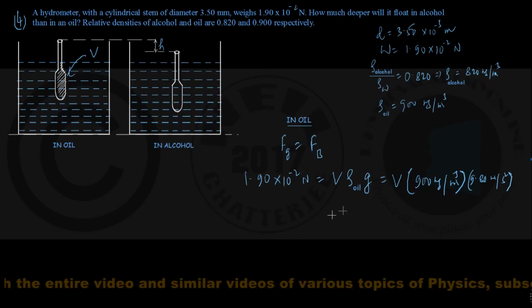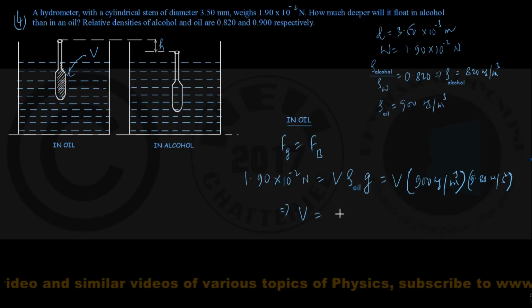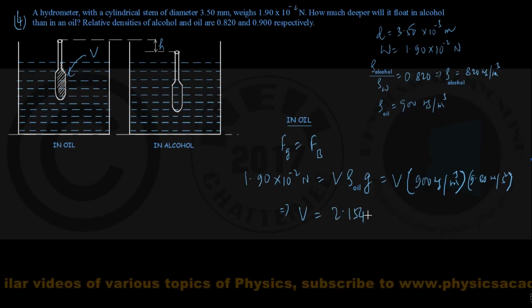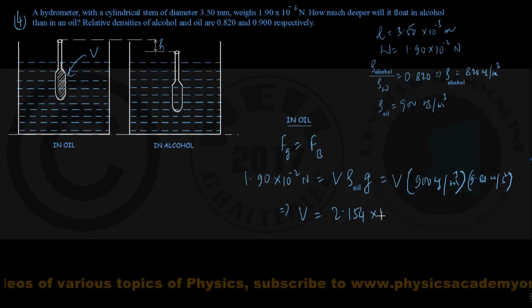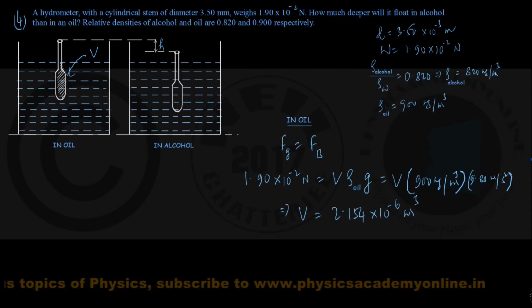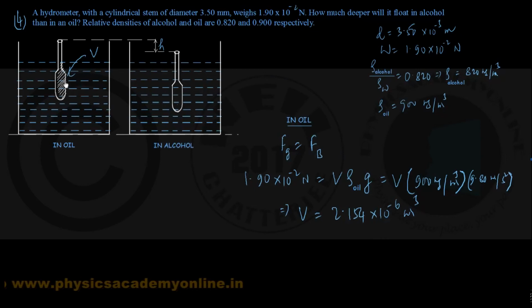Complete the calculation and show that capital V I am getting in 4 significant figures is 2.154 × 10^-6 meter cube. I write one significant figure more than the data given to avoid any rounding error. So that is the volume, as shaded here, of the hydrometer that remains immersed in the oil in floating equilibrium.